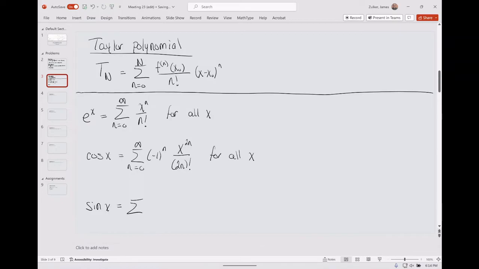And we also have sine of x: sum of (-1) to the n, x to the 2n plus 1 over 2n plus 1 factorial, also valid for all x. So these are known Maclaurin series expansions.